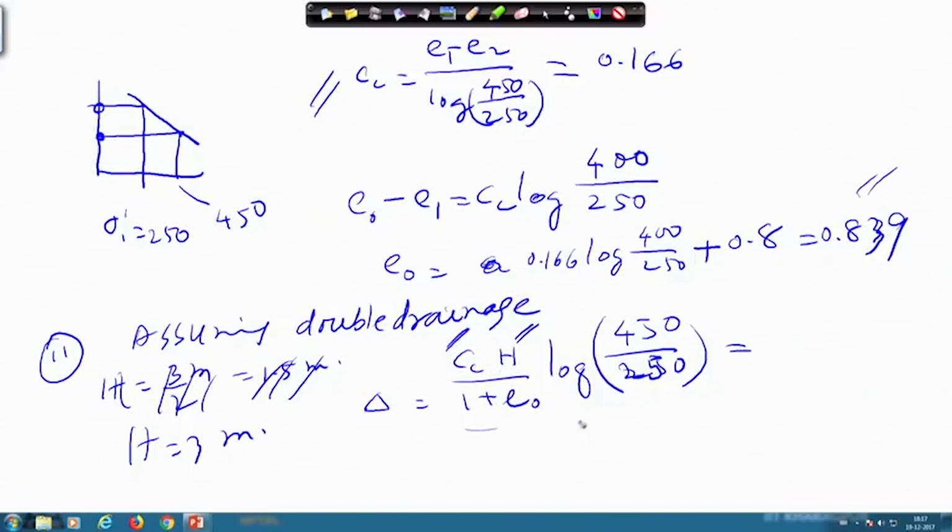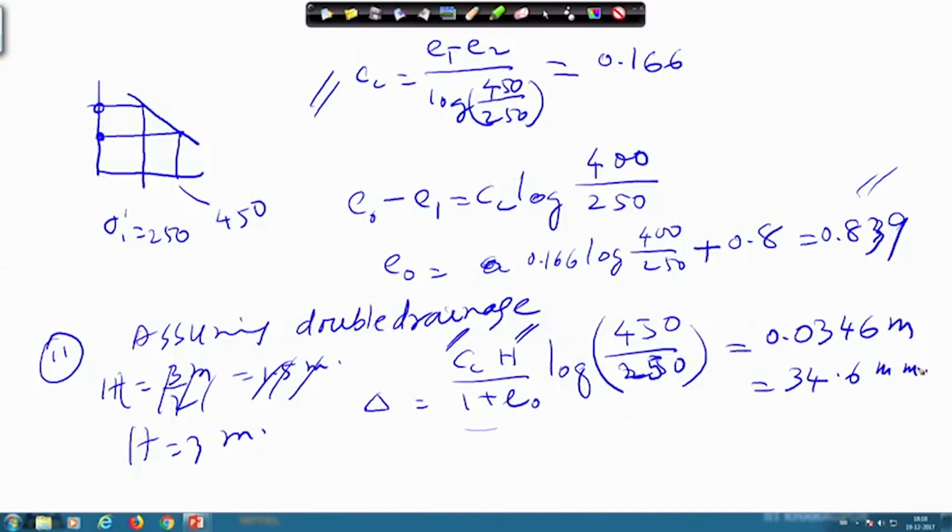If I do this calculation, then you will get 0.0346 meter or 34.6 millimeter.